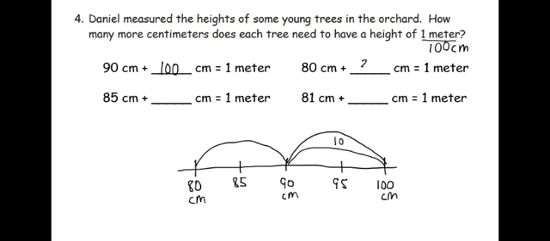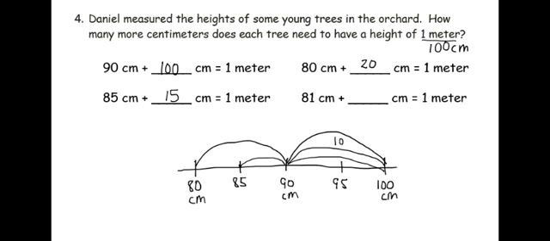So 80 plus 20 would give me 100 centimeters or 1 meter. Starting at 85 on the number line, I would hop 5 to get me to 90, and then 10 more to get me to 100.